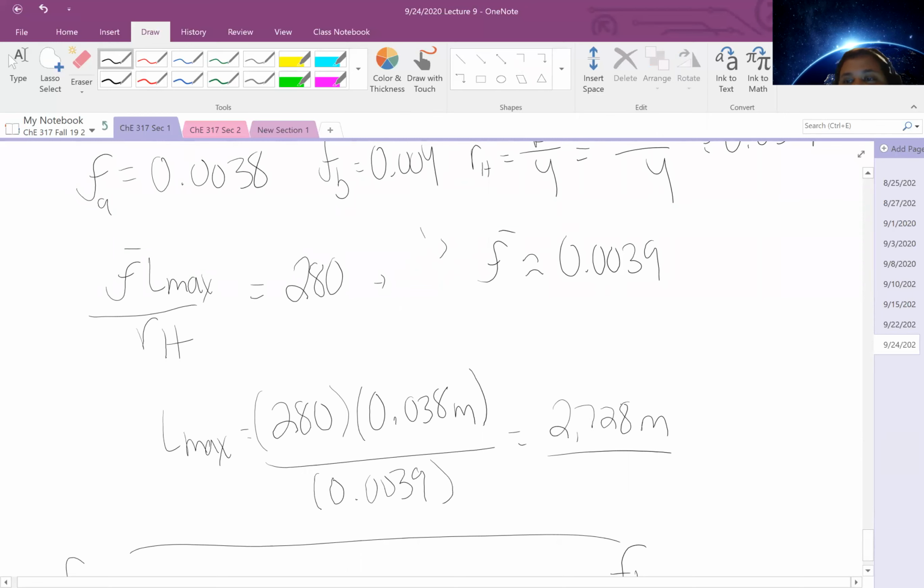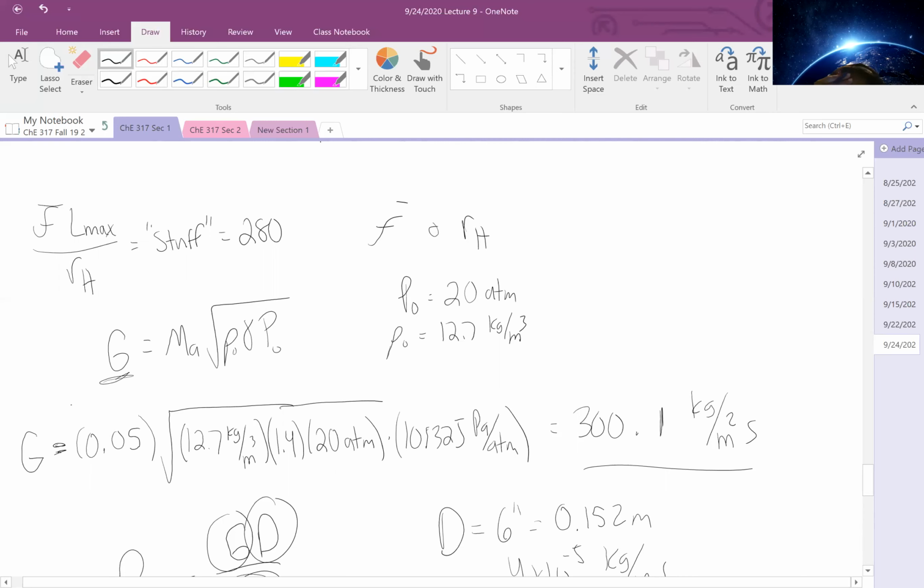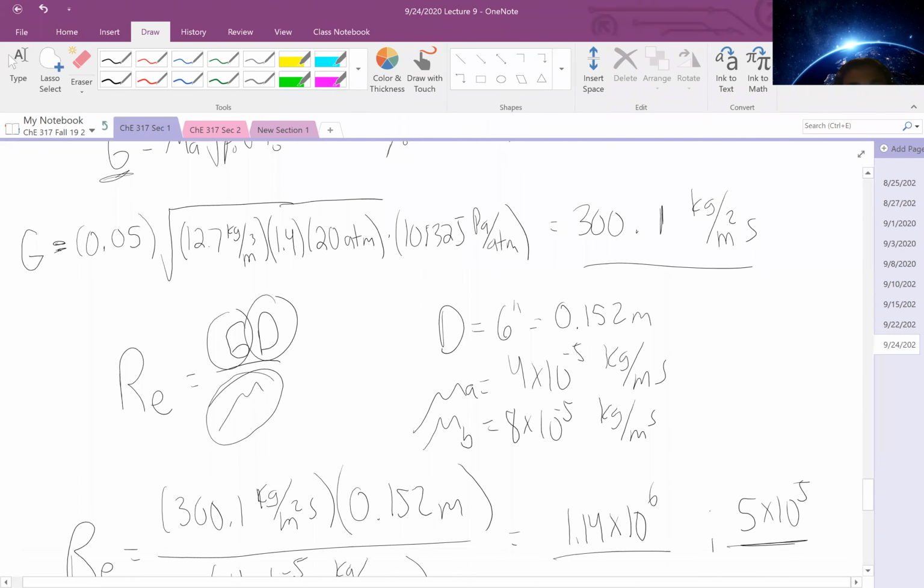A fair point, and one I'm happy to divulge into. The good news is, as we say, the mass velocity isn't going to change. It can't unless you find a way to break a mass balance, but I don't think Dr. O would be very happy about that. And so the only thing you really have to consider is the fluctuation in viscosity, which results in changing your Reynolds to find your two F values.